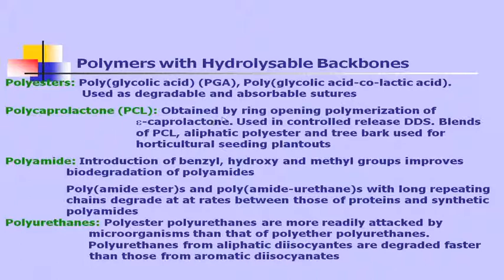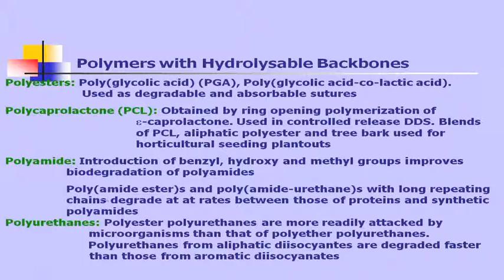Polycaprolactone, obtained by ring opening polymerization of caprolactone, is used in controlled release drug delivery systems. Blends of polycaprolactone, aliphatic polyester and tree bark are used for horticultural seedling plant outs. In polyamides, the introduction of a benzyl group, hydroxy group or methyl group improves biodegradation.